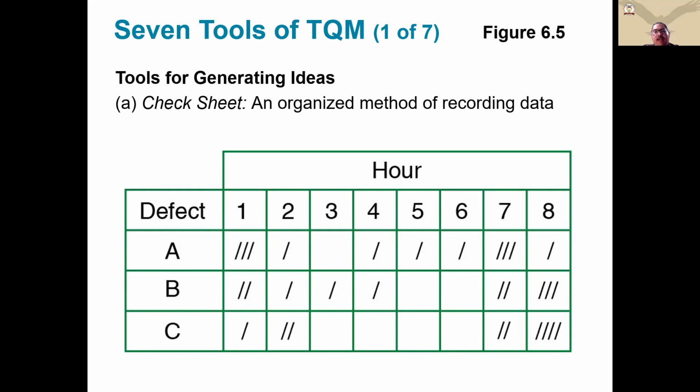So it basically allows you to keep track of what's happening in the operation and keep track of any situations that can cause a defect. So by having this check sheet, you can then plot it into a diagram and see a pattern, right? An example here, maybe you notice that there are too many defects in the 1st hour, the 7th hour, and 8th hour. So it's a matter of investigating.